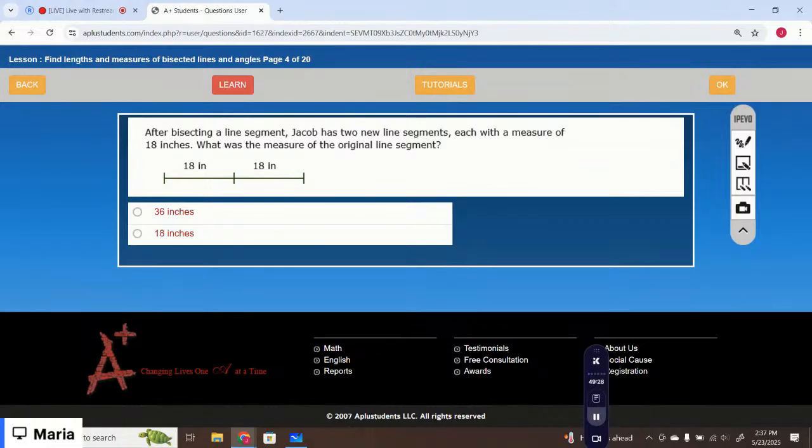After bisecting a line segment, Jacob has two line segments, each with a measure of 18 inches.